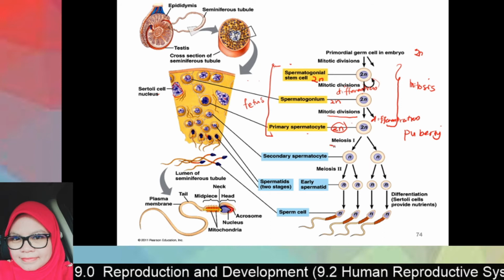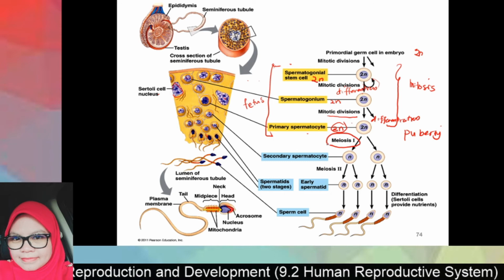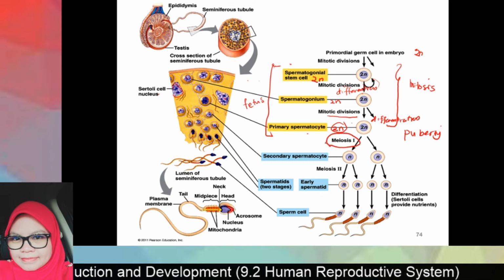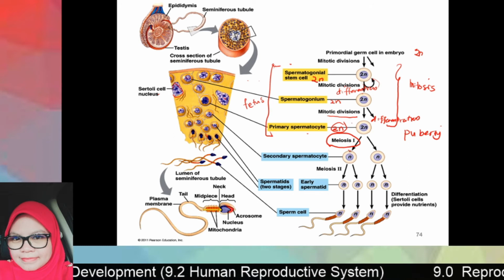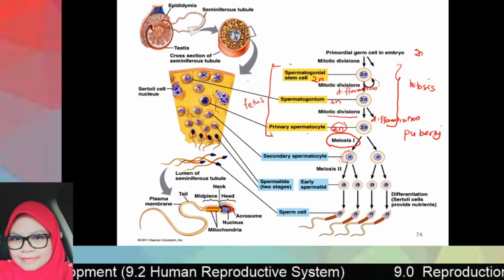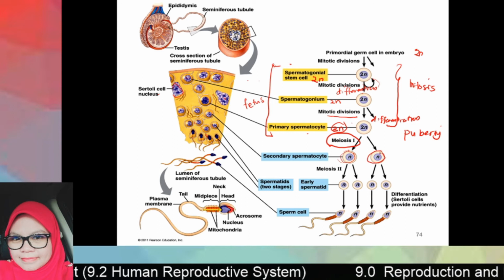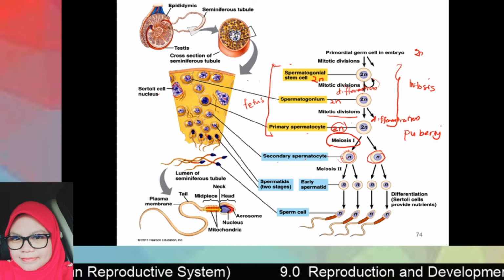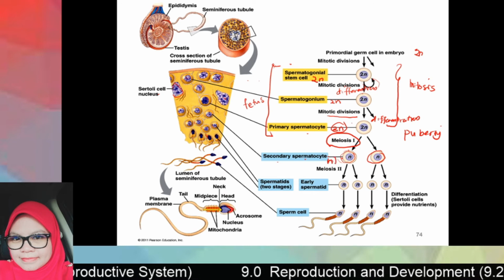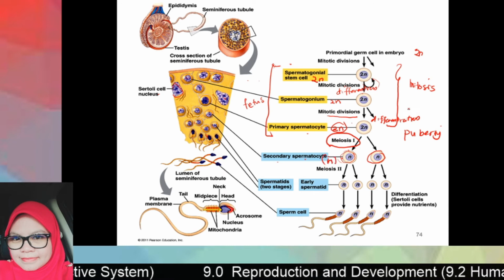They undergo meiosis 1. Then, completing meiosis 1, it produces two daughter cells. These daughter cells are known as secondary spermatocyte, which is haploid. Okay?